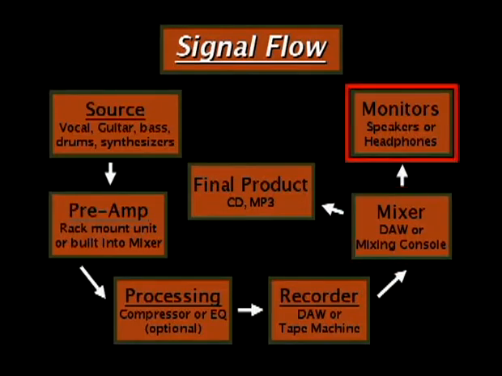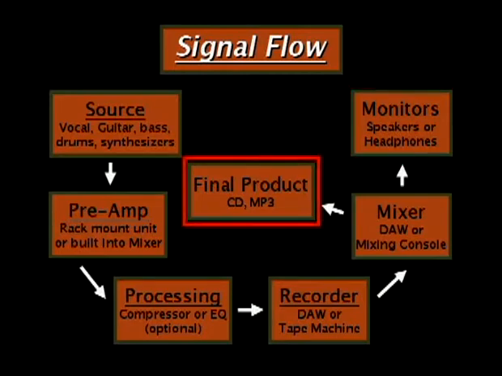And from there, you're going to be monitoring or listening to what you're recording and tracks that were previously recorded through a pair of speakers or headphones, or sometimes both. Sometimes both in the case of if you're recording someone, you might be listening on speakers and they're in a studio listening on headphones. Also out of the mixer, generally that's where you're going to generate your final product like your CDs or your MP3s.